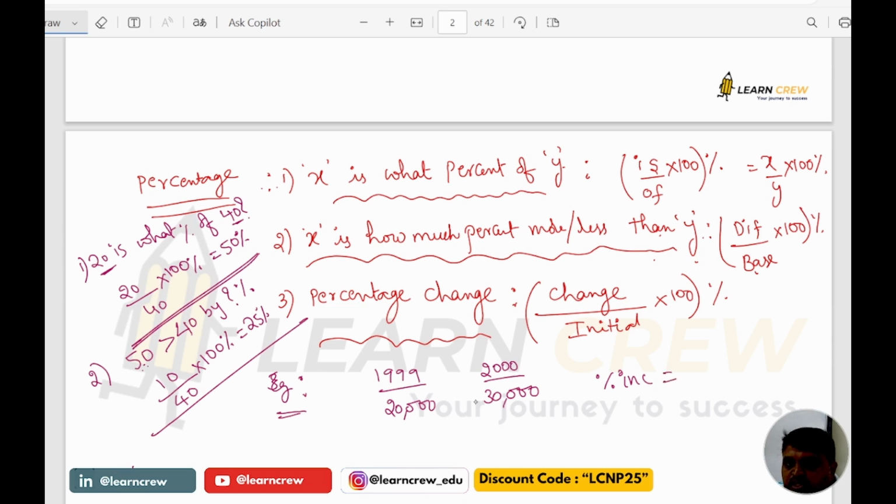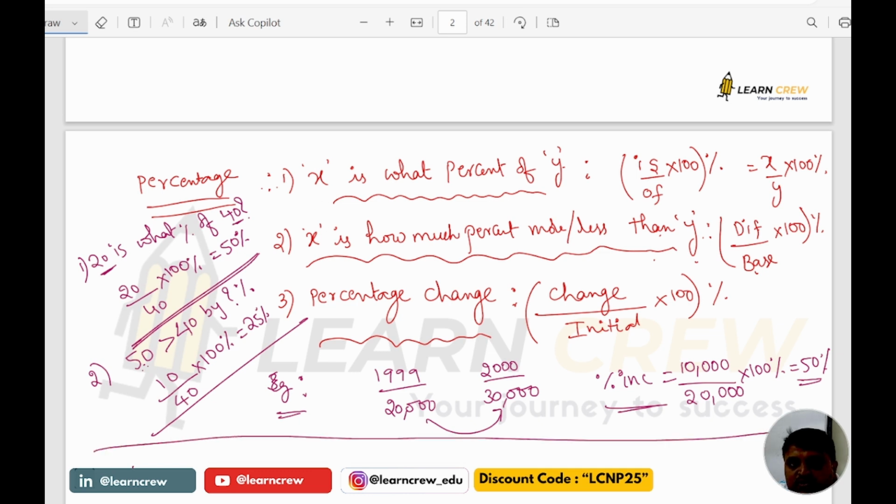Percentage increase is equal to the increase, here 10,000, divided by the initial value 20,000, into 100, which is 50%. So like that, these three are very fundamental basics for your data interpretation.